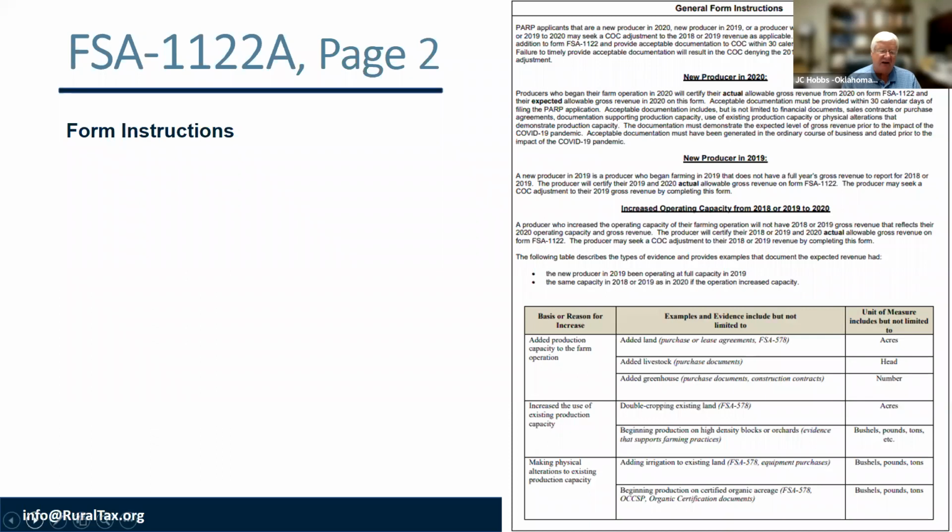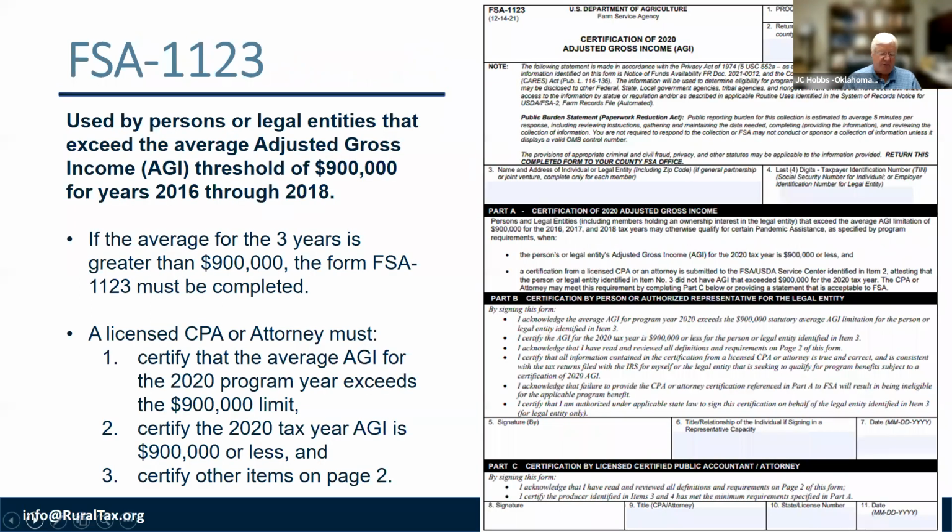So when you're looking at these things, the front page is great, gives you the information, the application, and the backside has the instructions. The next form that applies is the 1123. When we have adjusted gross income that reaches a certain threshold, we're going to need to file the 1123.